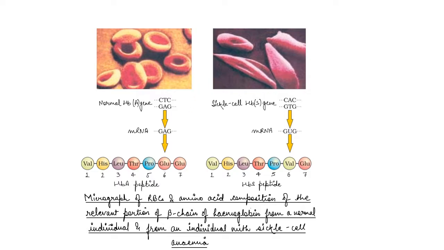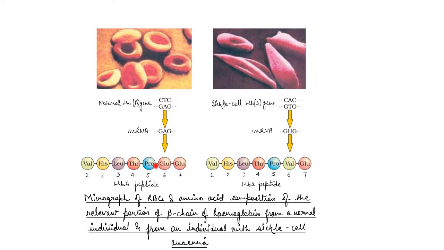You have CTC, normal hemoglobin, and GAG. This is the sickle cell gene. Here what is happening is you have CAC and GTG. Now this GTG changes to GUG.